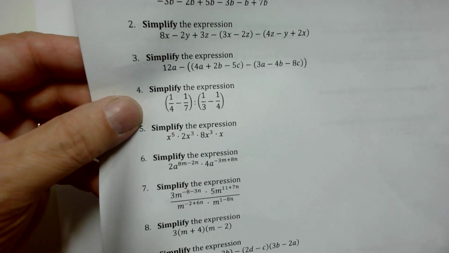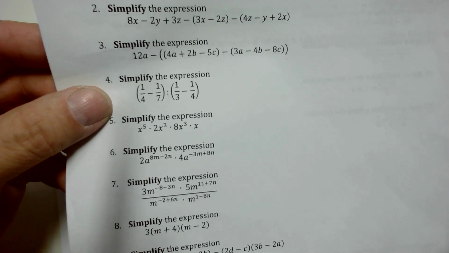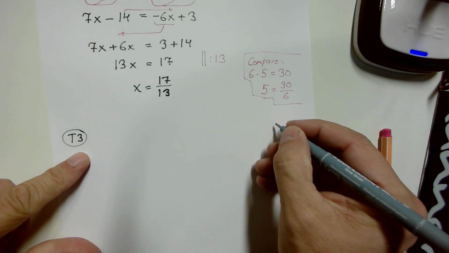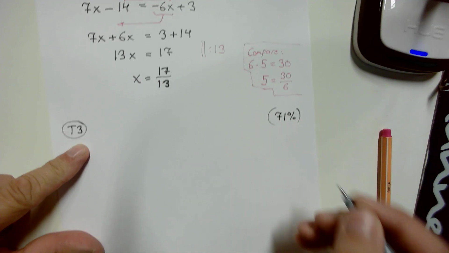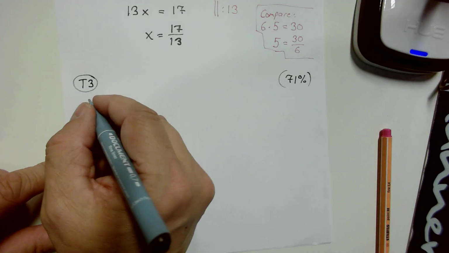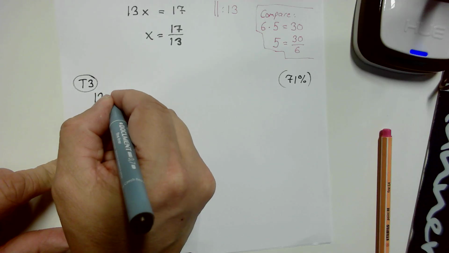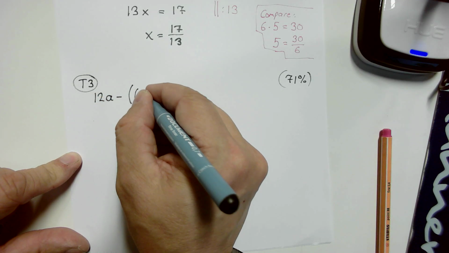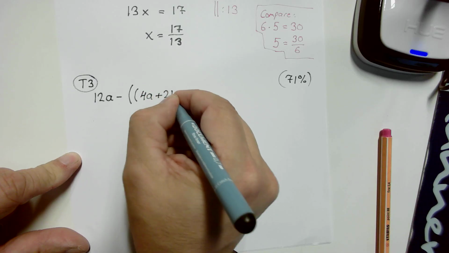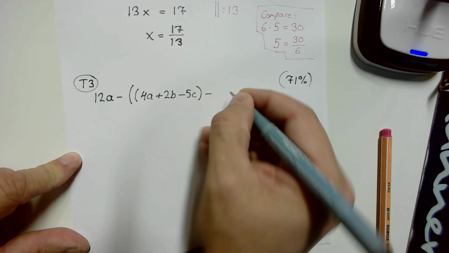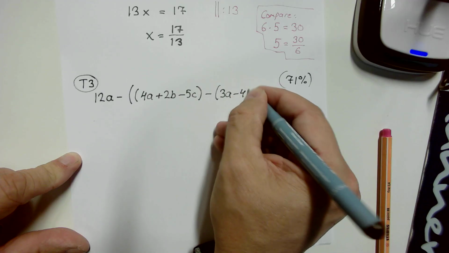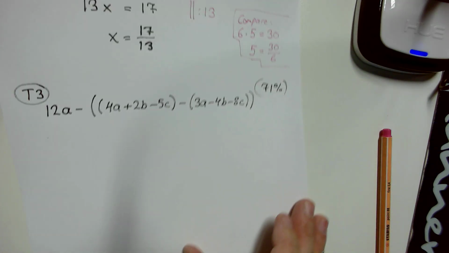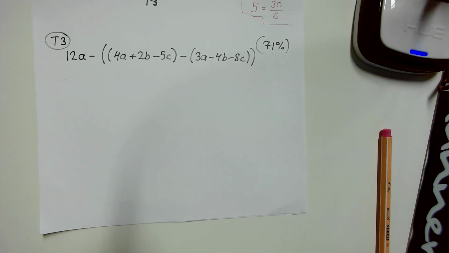And this was a problem which was solved correctly by 71% of students. 12a minus... and we have to simplify this.